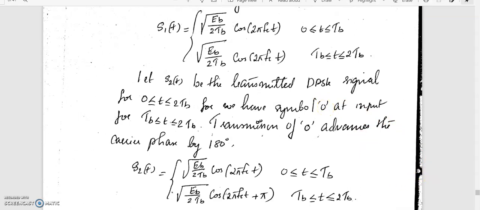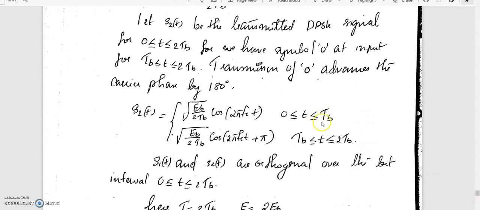Now consider the other case, where symbol 0 is to be transmitted. For 0 to TB, let root of EB by 2 TB into cos 2 pi fc t be my transmitted symbol. Now I have to transmit binary symbol 0. When I have 0, I advance the carrier phase by 180 degrees.